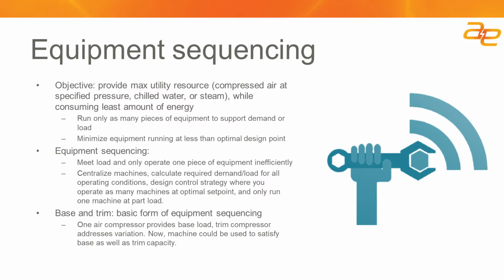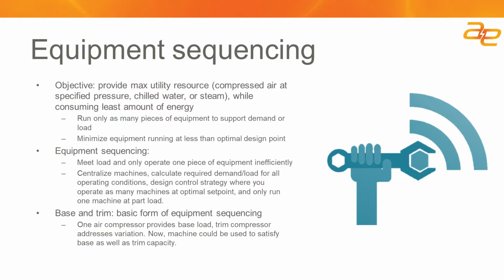So understanding this and understanding what the demand for that particular utility is in your facility is important, because we obviously want to operate those machines as close to the optimal set point as possible. So where do you run into a problem? Well, you run into a problem when the plant or the facility or the process requires a utility which needs to be serviced by more than one machine, and such that a machine has to be operated at what we call partial load.